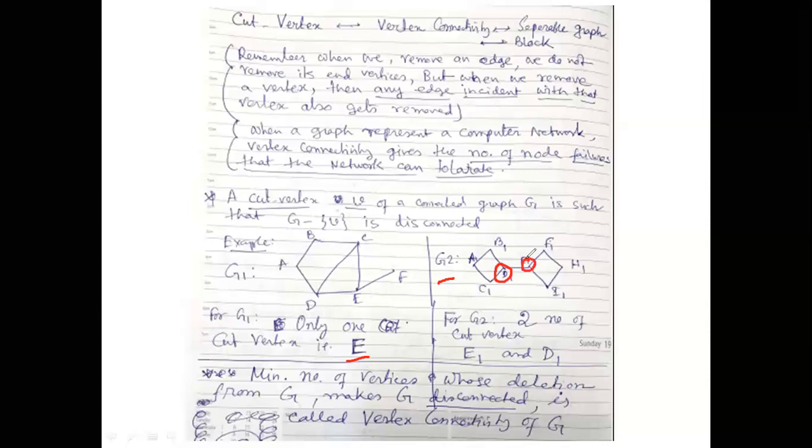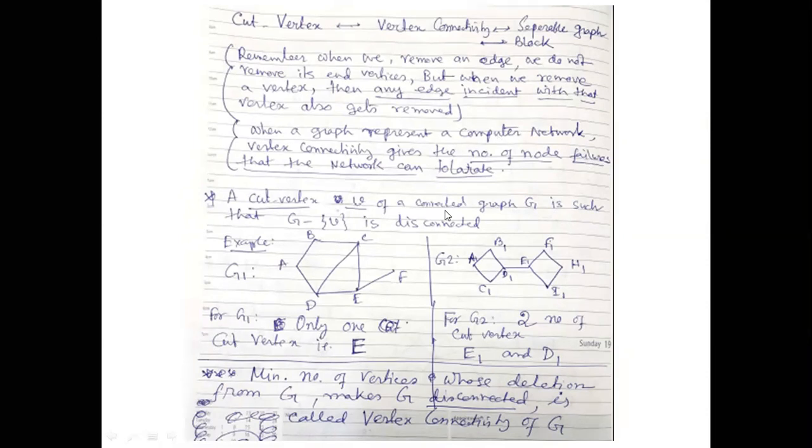Now, for vertex connectivity, it may happen for some graphs that only one vertex is not enough to make the graph disconnected. That means two or more vertices may be required to make the graph disconnected.